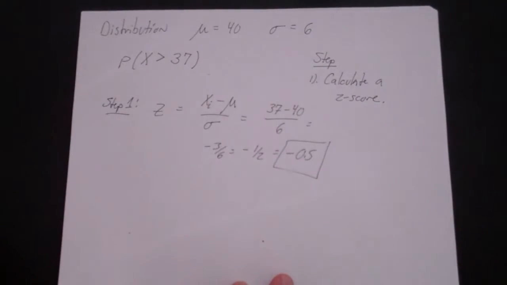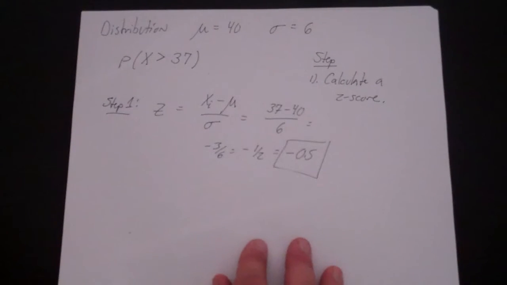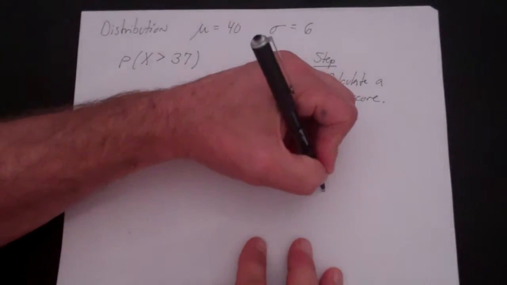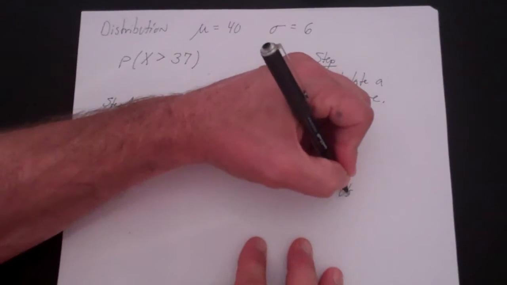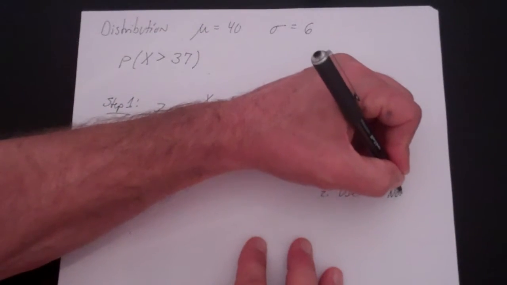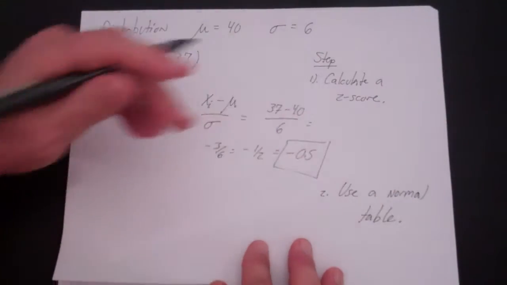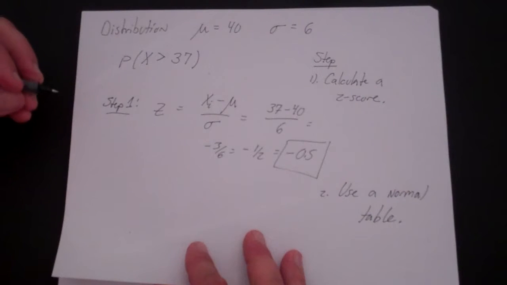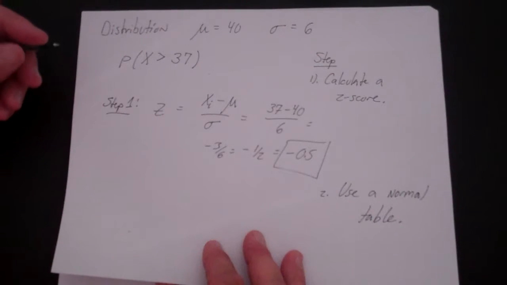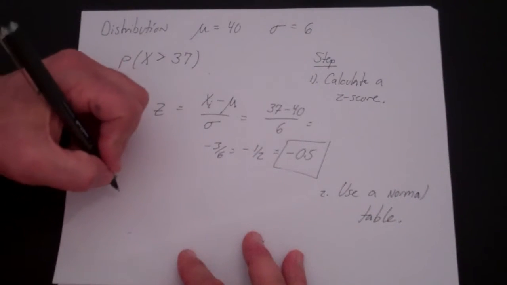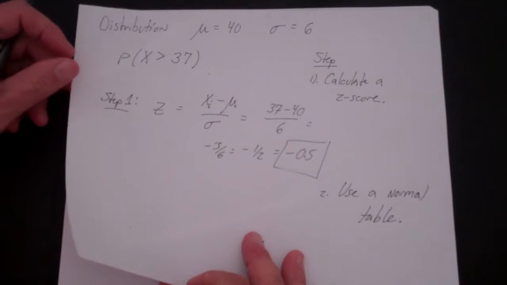And that's our z-score. In general, a z-score will be some kind of decimal, but there's nothing wrong with decimals. The second step is we're going to use a normal table. Normal tables are all a little bit different, but basically a normal table provides you with the relationship between probabilities and z-scores. Let's look at the normal table that we have.